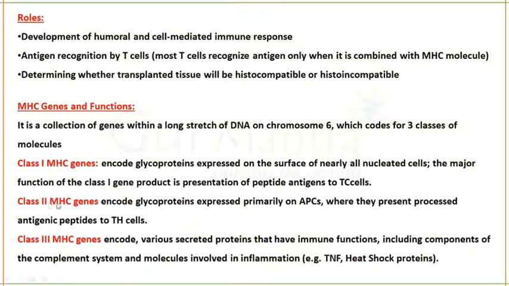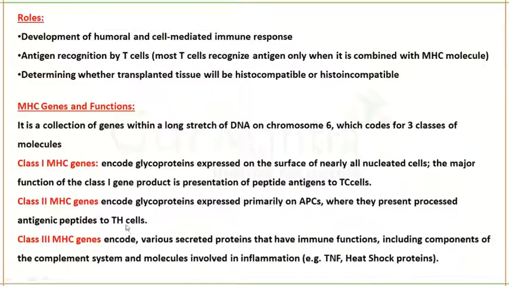The second class is MHC2. Here the glycoproteins will be expressed primarily on the APCs and MHC2 will be presenting its antigen to the TH cells. So MHC1 will present antigens to TC cells and MHC2 will present antigen to TH cells.